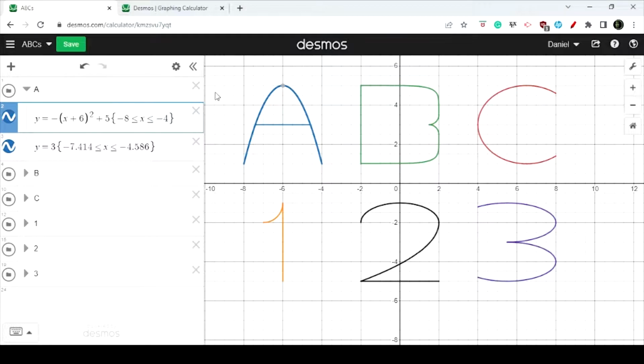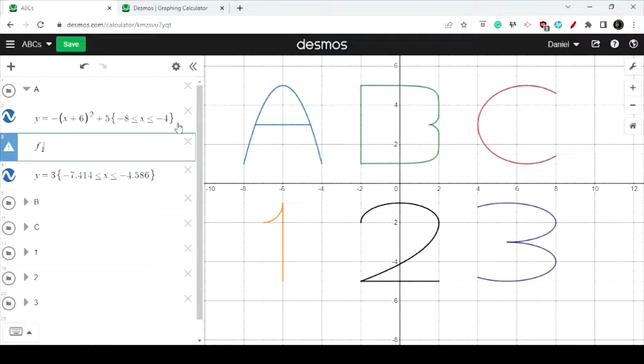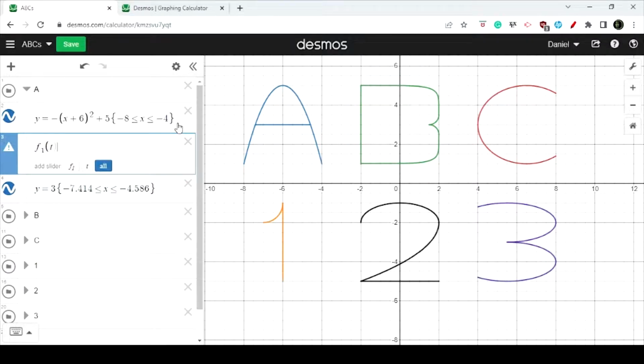All right, we'll start with this letter A here, and this A is okay. We're looking at this upside down parabola here. So that's what this equation is highlighting. Now, if you made it up to this point, you may be inclined to say, well, let's make a function f of t.